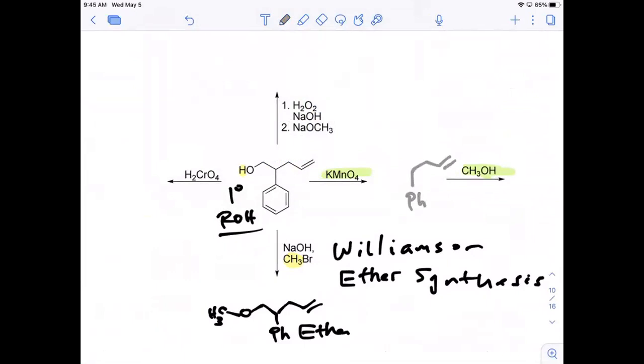The alkene is still intact. But when I get here, that alcohol is actually going to become a carboxylic acid, because I treated it with potassium permanganate.